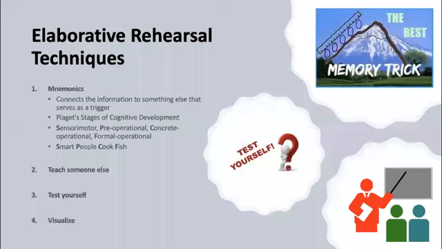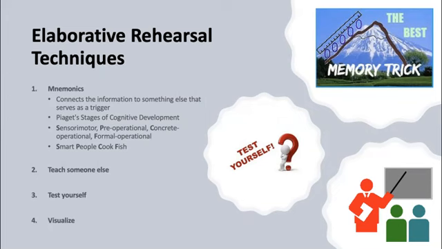Now, the third technique is testing yourself. Whether this means you take practice tests that have been put out for you online, making flashcards, or taking the practice quizzes we have on Canvas.